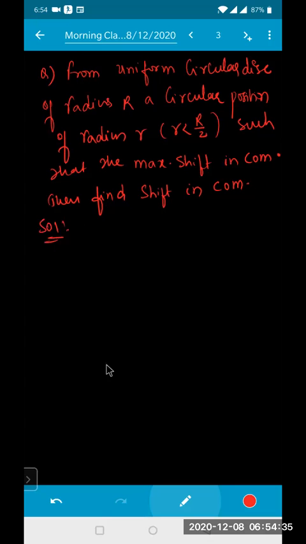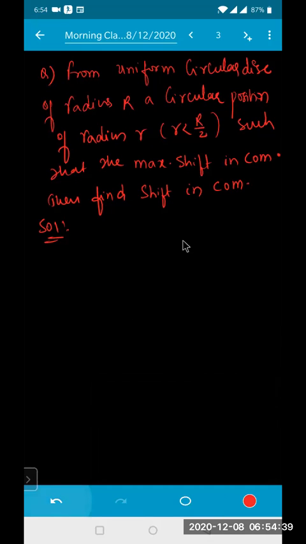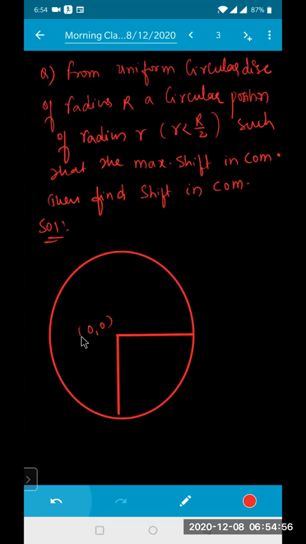From a uniform circular disc, అంటే మన దగ్గర ఒక యూనిఫామ్ సర్క్యులర్ డిస్క్ ఉంది ఇట్లా. Okay, so from this uniform circular disc, this is the center, so this will be the radius, so this will be also the radius. So this one is origin 0, 0.